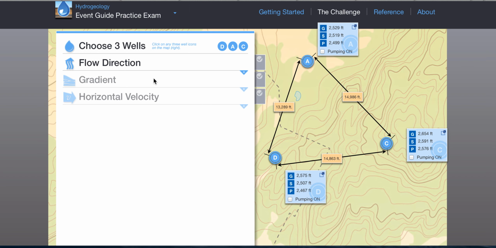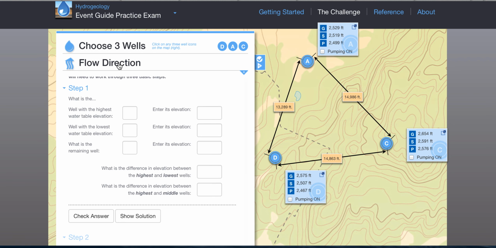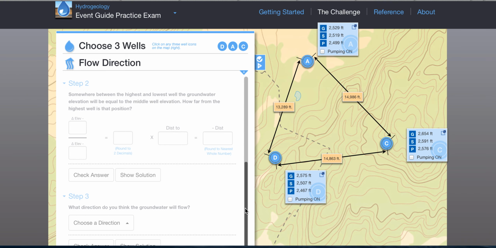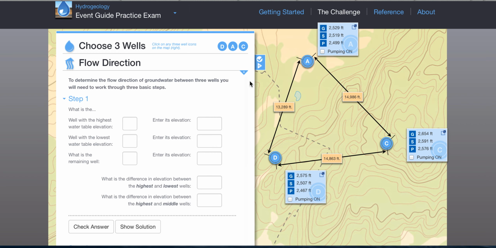What's really good about these practice exams is that it walks you through all the steps. You can check your answers and show your solutions, so you can get familiarized with the process. But obviously on the real test, you're not going to have access to checking answers and whatnot. So definitely get to know how this process works.